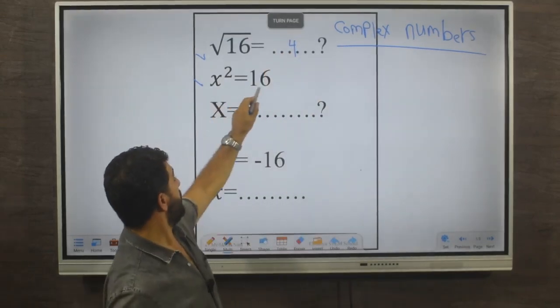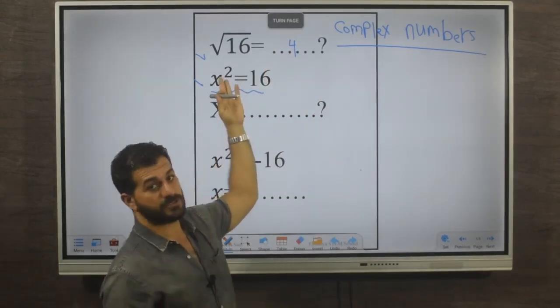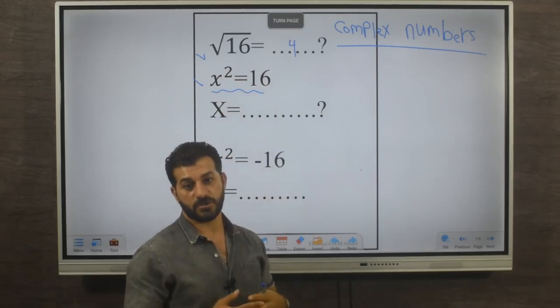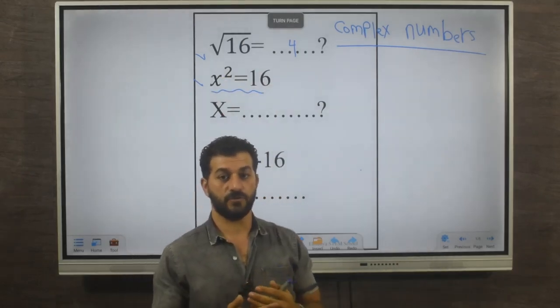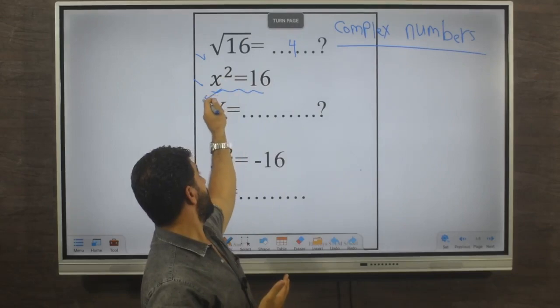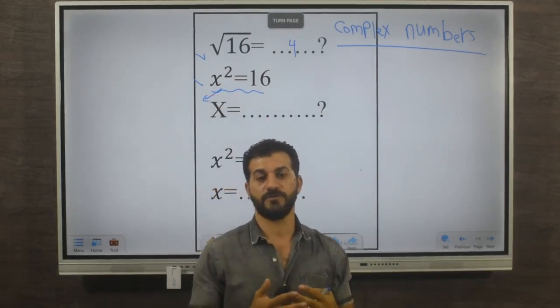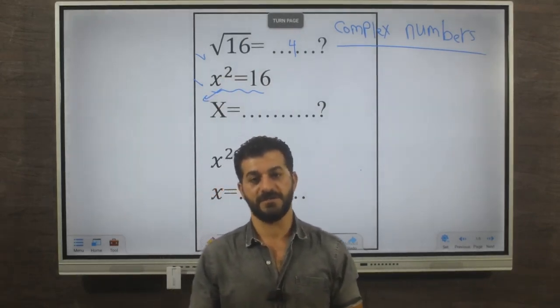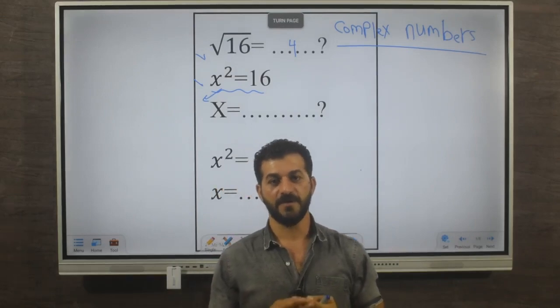But if we have an equation like x squared equals 16, I'm asking about the variable, because x is a variable. What is the real number that, when we multiply it by itself twice, we get 16? Actually, we have two numbers.